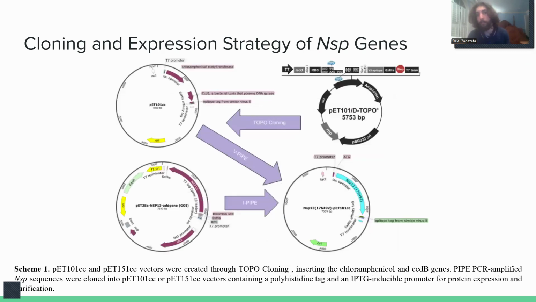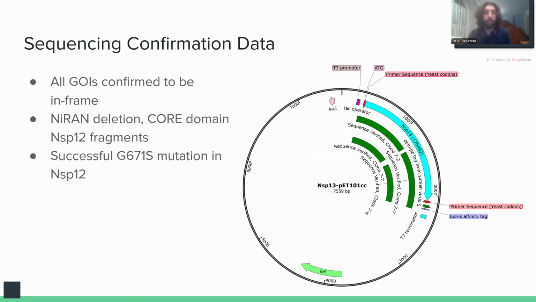This is an example of that cloning strategy applied to NSP13 with a vector of pET101. So this process had to be replicated for all of the NSP genes that I mentioned earlier. After that was done, it was a very lengthy process with PCR, transformation, and then finally confirming all of those plasmids with sequencing.